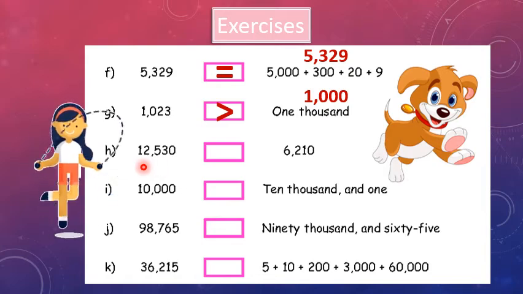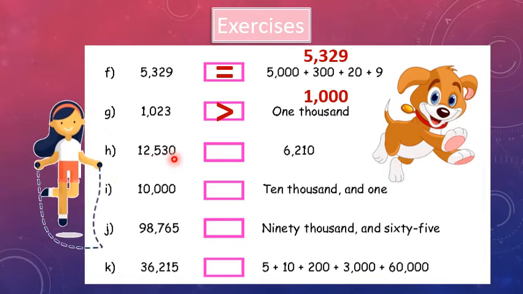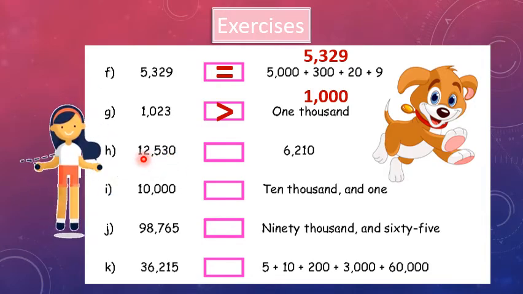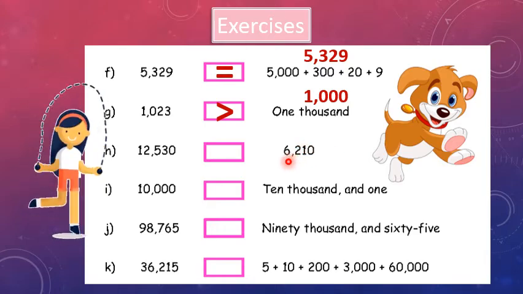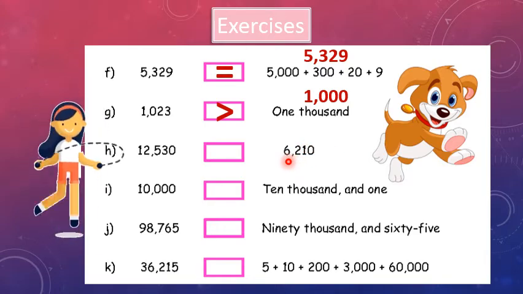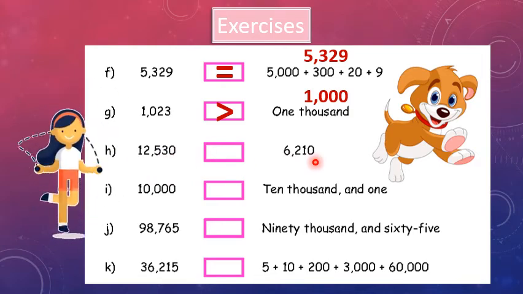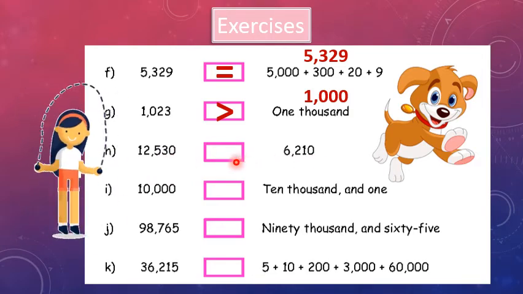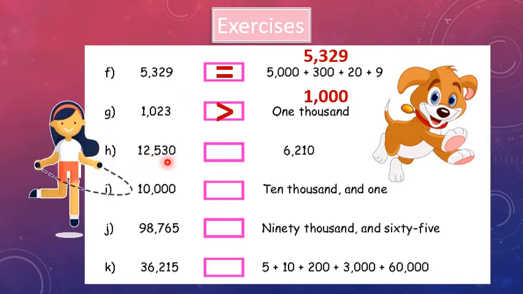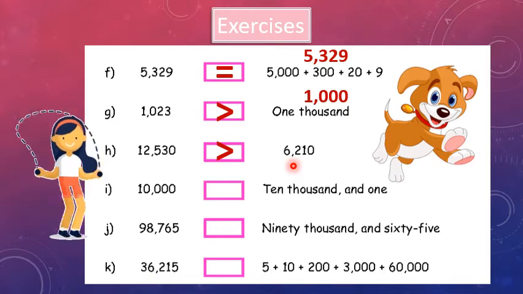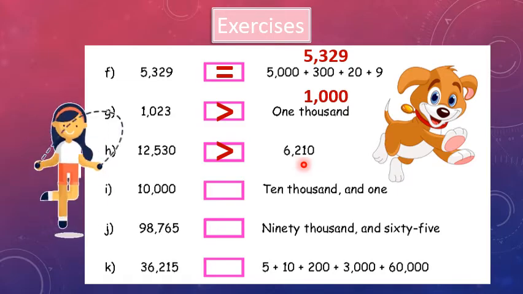Let's go here. We have 1, 2, 3, 4, 5 digits, and 1, 2, 3, 4, 4 digits only. Which is bigger, a 5-digit number or a 4-digit number? Excellent, the 5-digit number. Then 12,530 is more than 6,210.